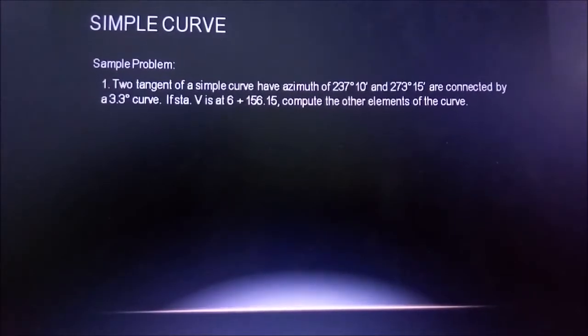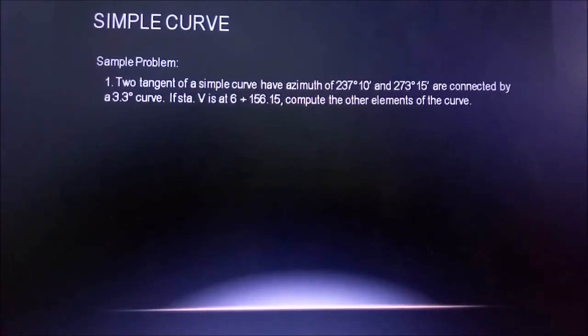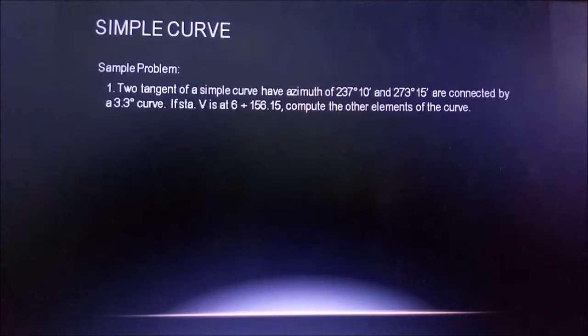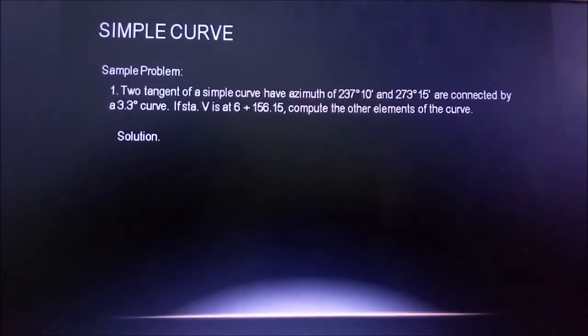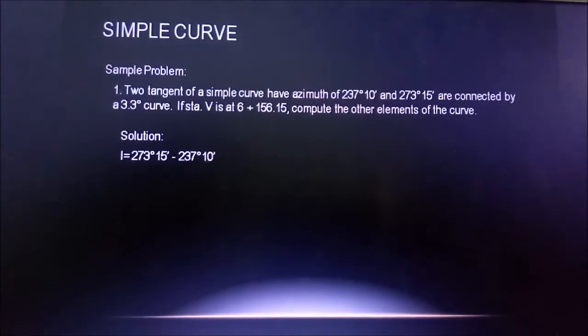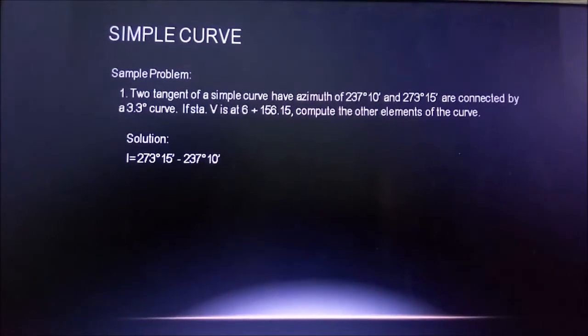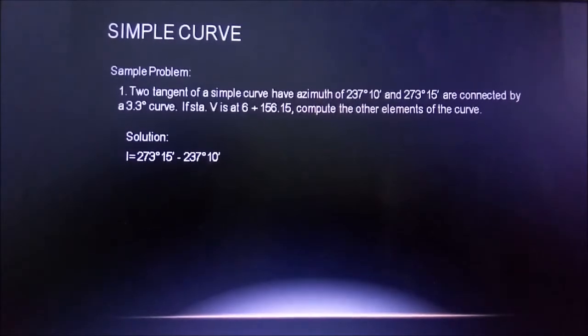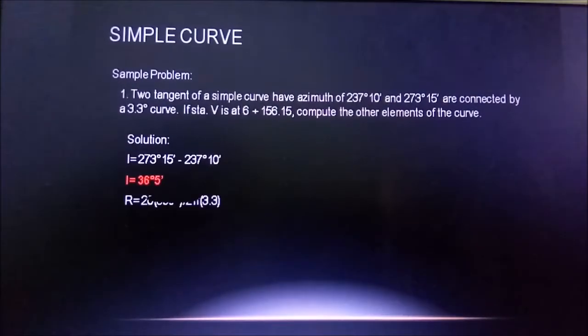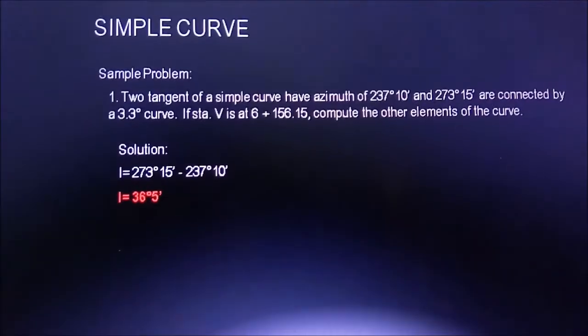First, solve the angle of intersection, or I, by subtracting the given azimuths of the two tangents. So I is equal to 273 degrees 15 minutes minus 237 degrees 10 minutes, and the angle of intersection is 36 degrees 5 minutes.